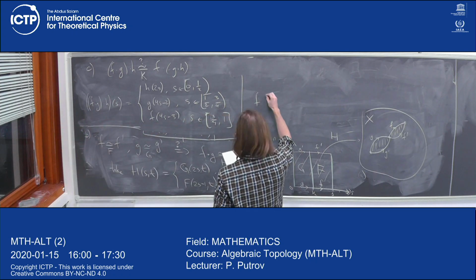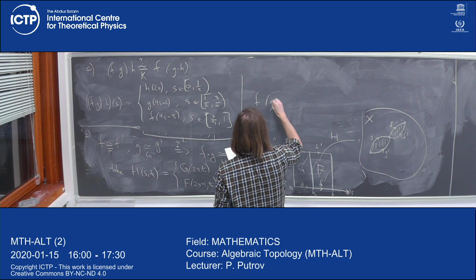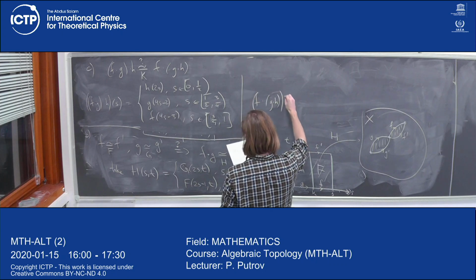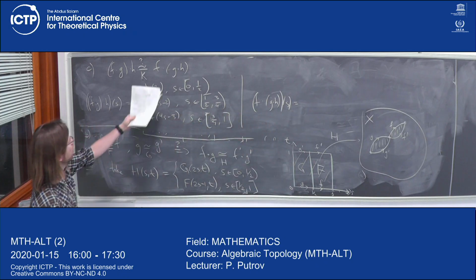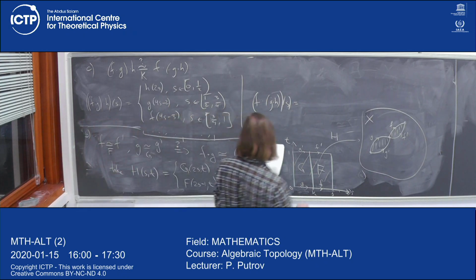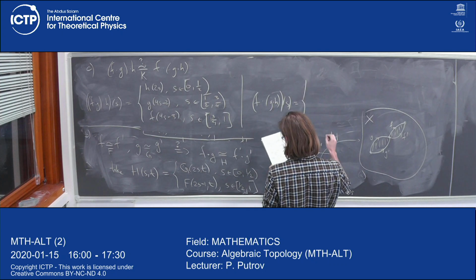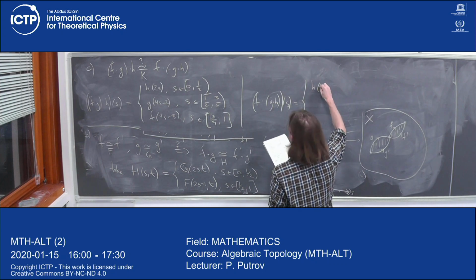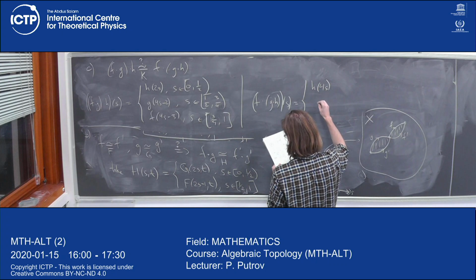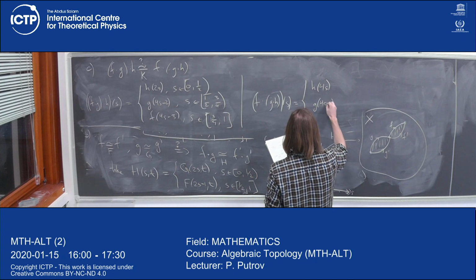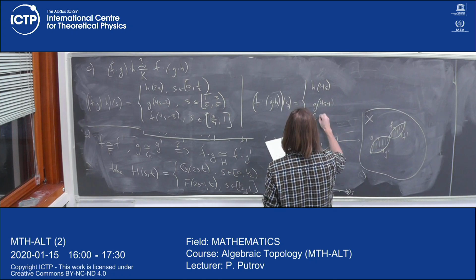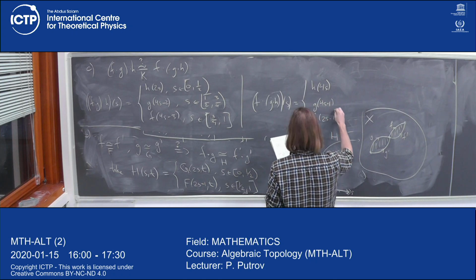And this composition in this order is given by the following function: h of 4s, g of 4s minus 1, f of 2s minus 1.